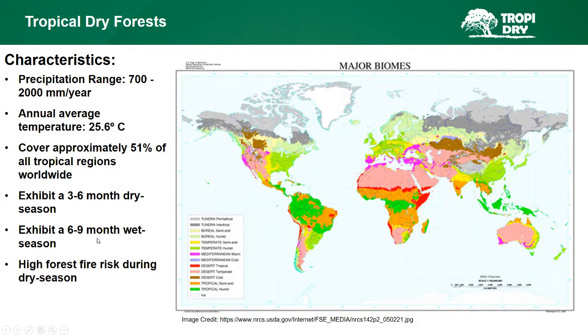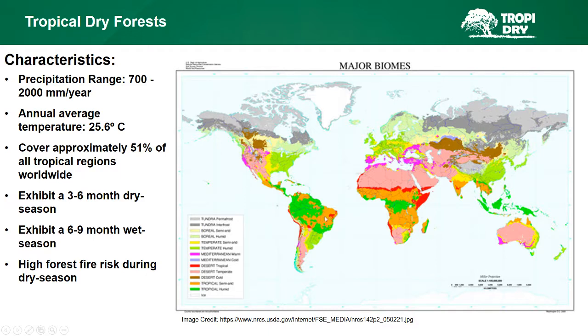In the other 6 to 9 months, with the wet season, they exhibit a precipitation range between 700 to 2,000 millimeters per year. And in the wet season, temperatures usually become lower, which gives us this annual average temperature of 25.5 degrees Celsius.